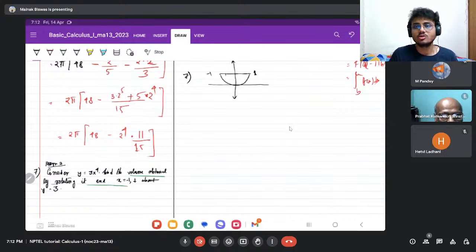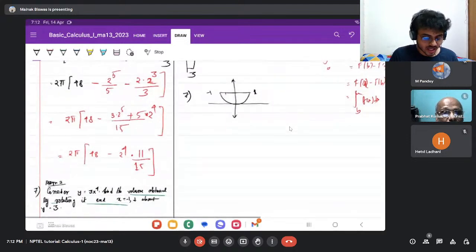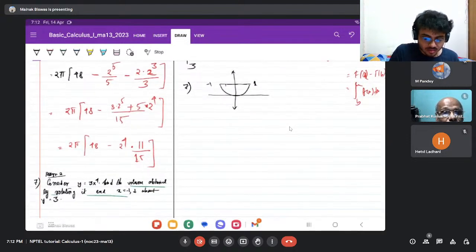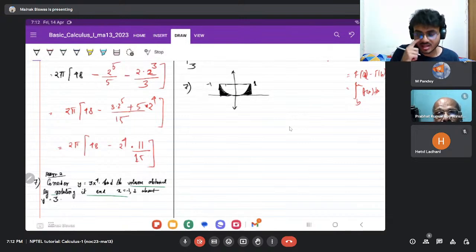This is what your function looks like, and you are rotating all of these, so you're essentially rotating this area into a volume. This part is understandable, right? I hope it is understandable. You're essentially rotating this way.